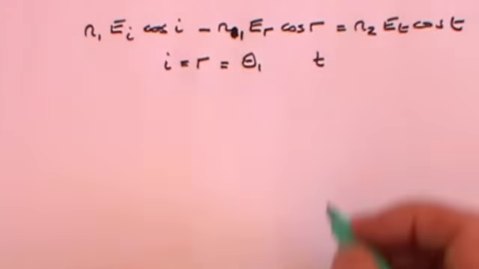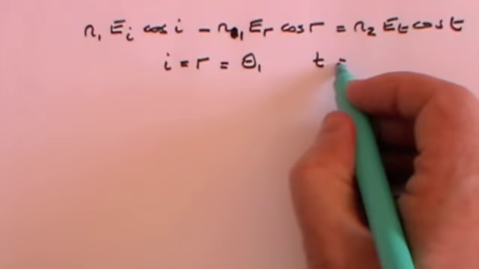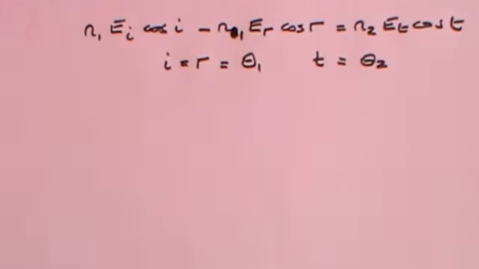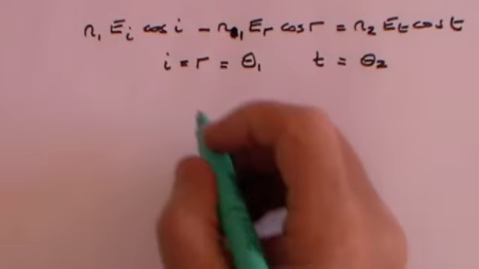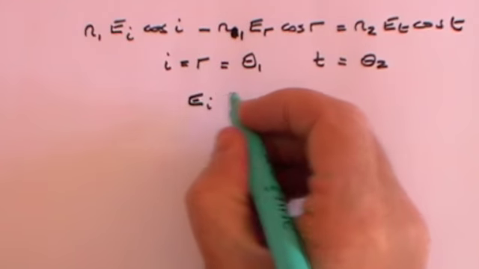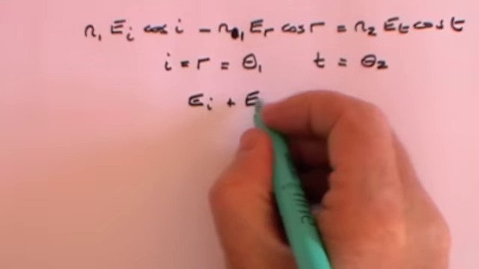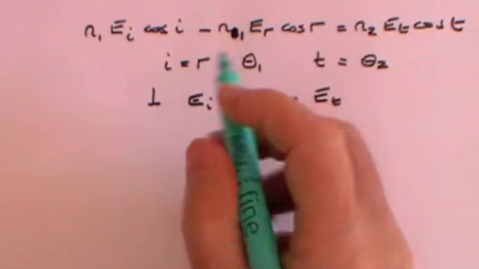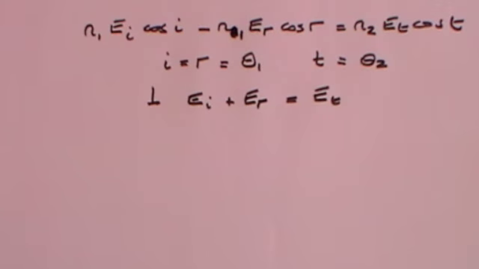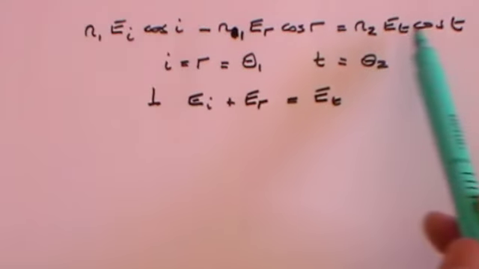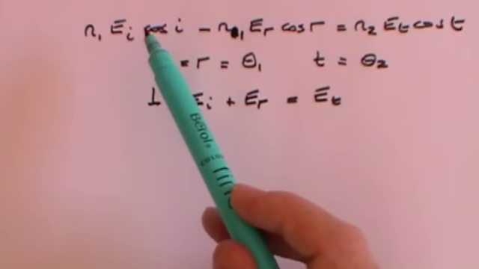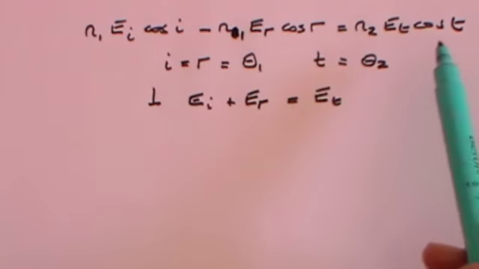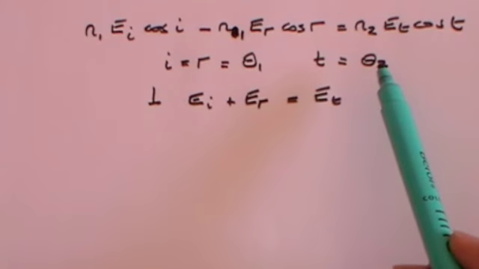The angle of transmission, or the angle of refraction, I'm going to call theta 2. And I'm just going to remind you that we showed that EI plus ER equals ET for the perpendicular vector. So now I'm going to rewrite this equation, except that for angles I and R I'm going to put theta 1, and for angle T I'm going to put theta 2.